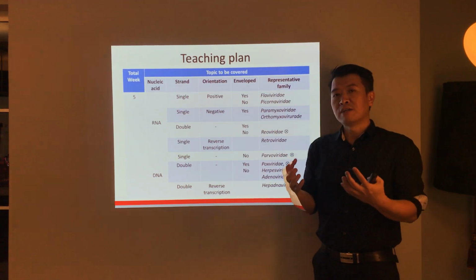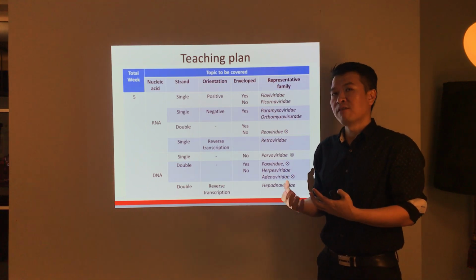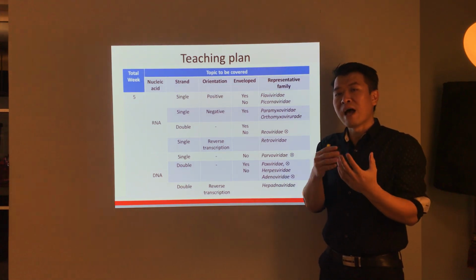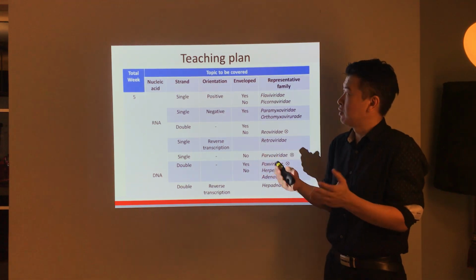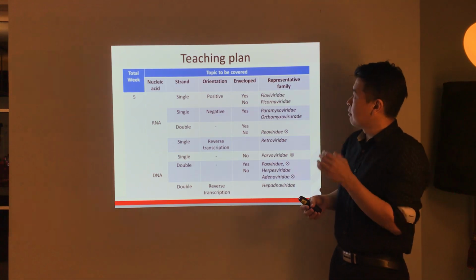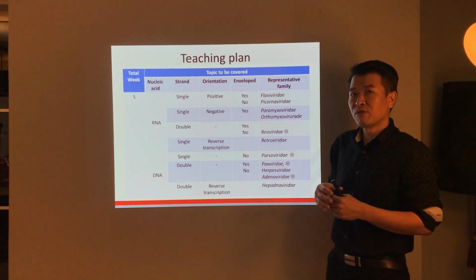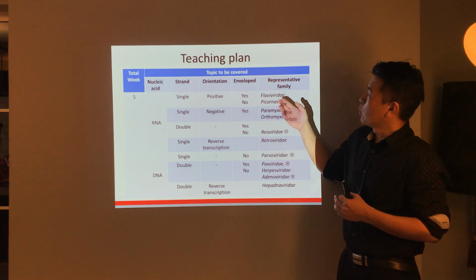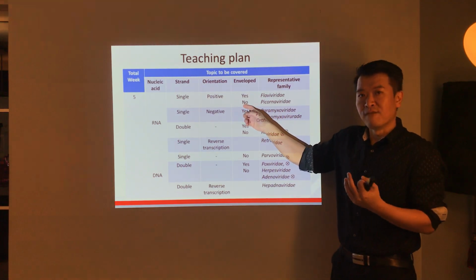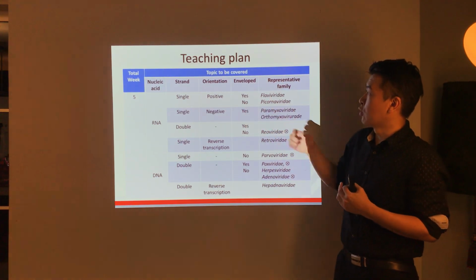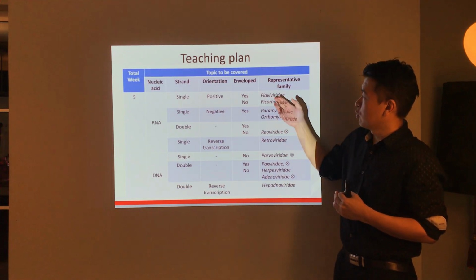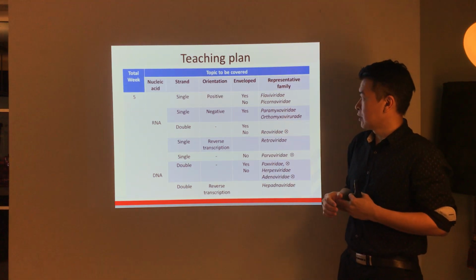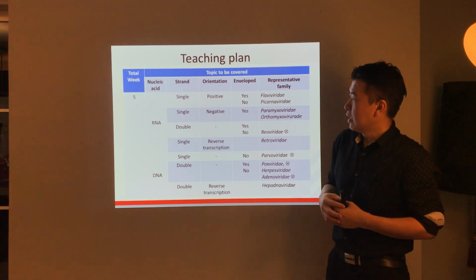Because there are so many viruses in the world, it's not possible for us to cover every single virus during this short period of time. So I have selected a few families of viruses for this course. For example, for single-stranded positive RNA, we have selected the one without envelope, Picornaviridae, and the one with envelope, Flaviviridae. For negative strand, we have chosen the Paramyxoviridae and Orthomyxoviridae.